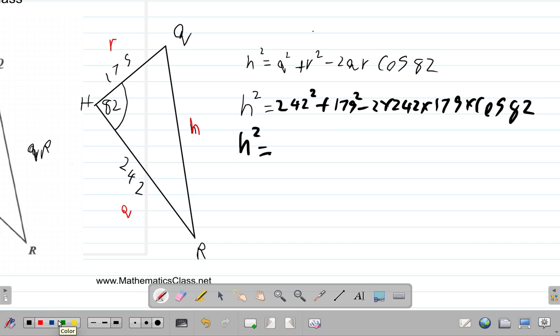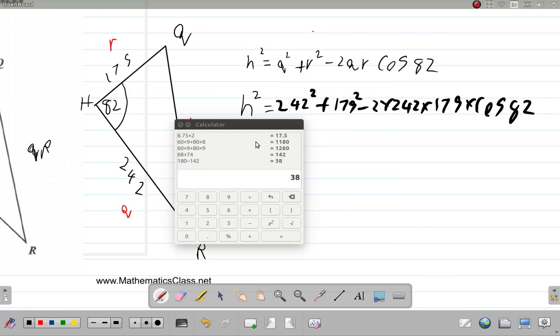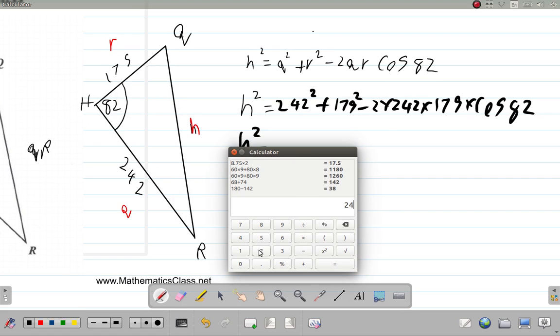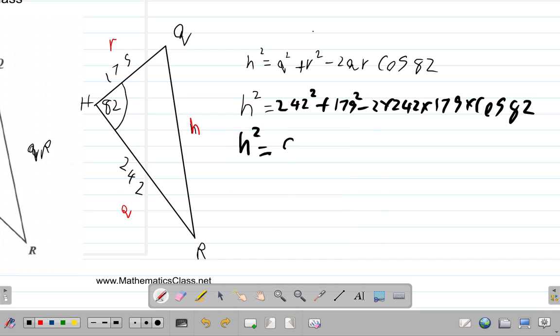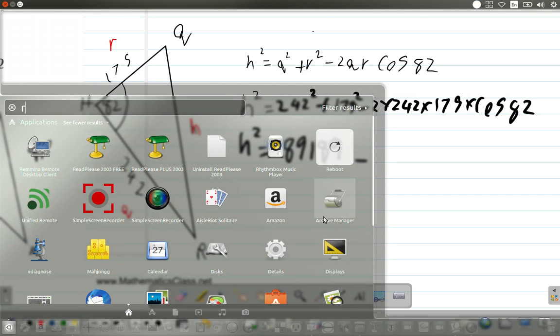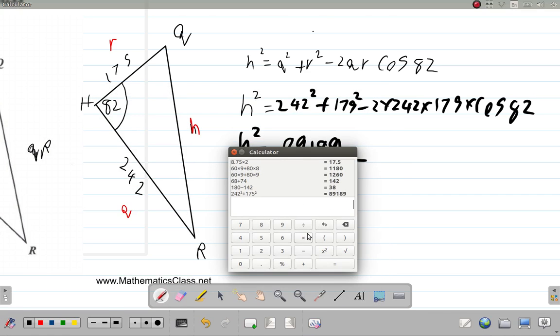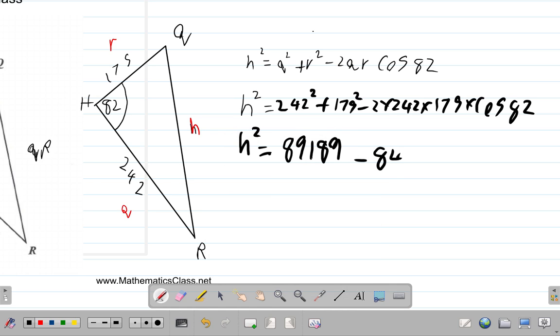I'm going to use the calculator and deal with this. 242 squared plus 175 squared equals 89,189. Then minus 2 times 242 times 175, which equals 84,700, times cos 82.